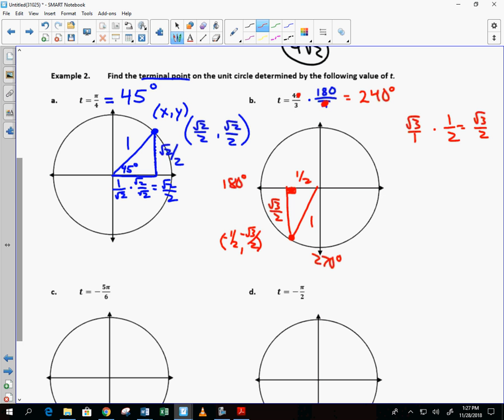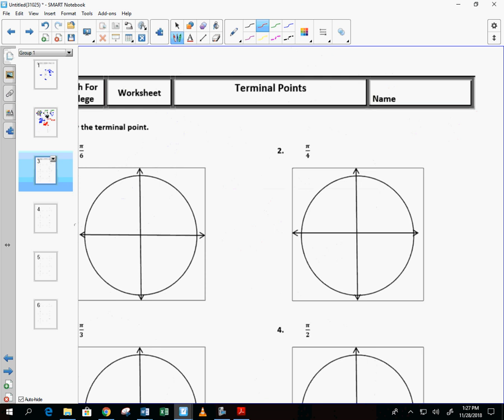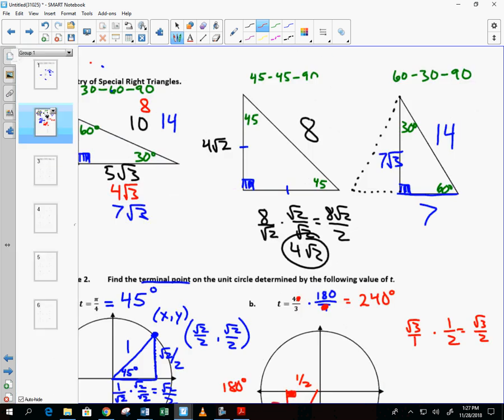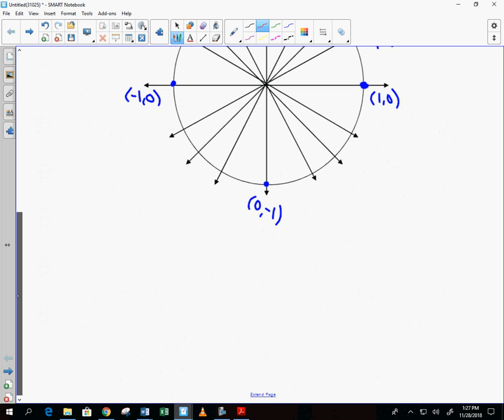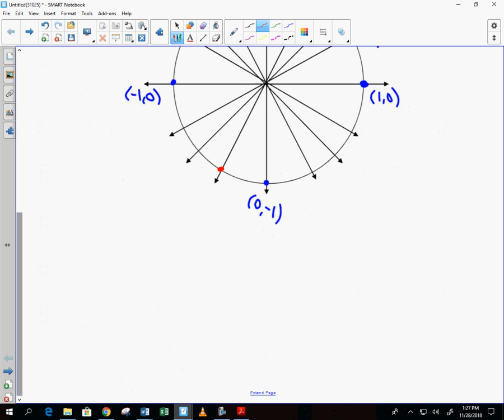Negative root of 3 over 2. That's your terminal point. What did I just do? I found for 240 degrees, that coordinate right there is negative 1/2, negative root of 3 over 2. That's what I just found out.